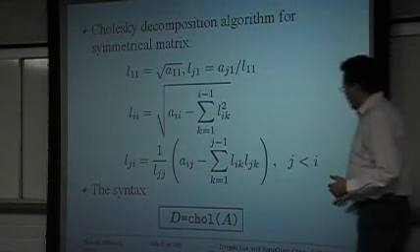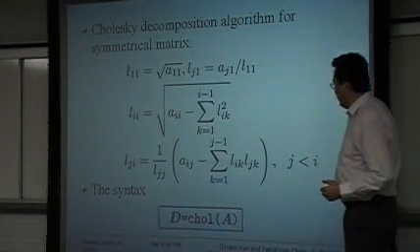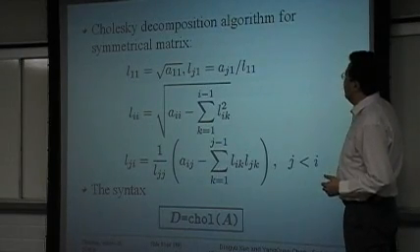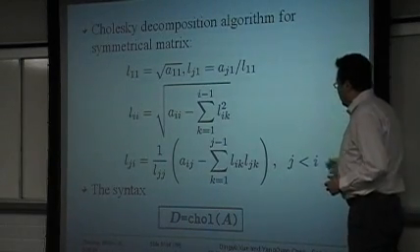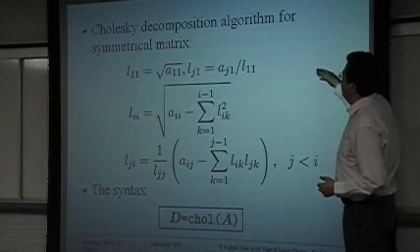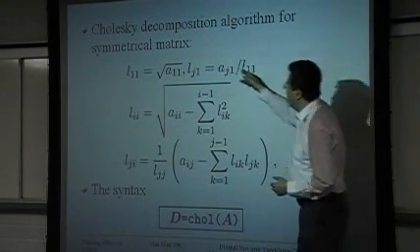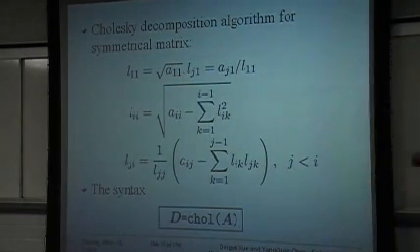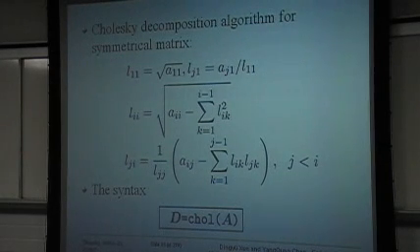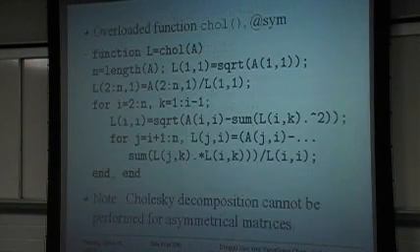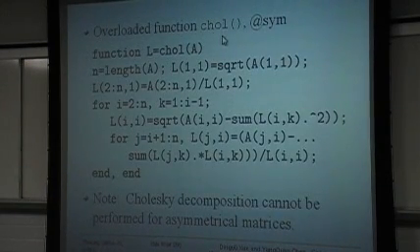This function is for a numerical matrix A. There are also theoretical algorithms to find all the terms in the lower triangular matrix. Based on this algorithm, I wrote a function myself, CHOL, which has the same name as the Matlab function but lives in the S7 directory.